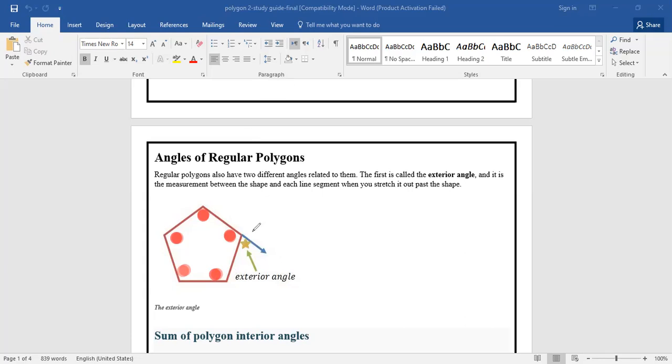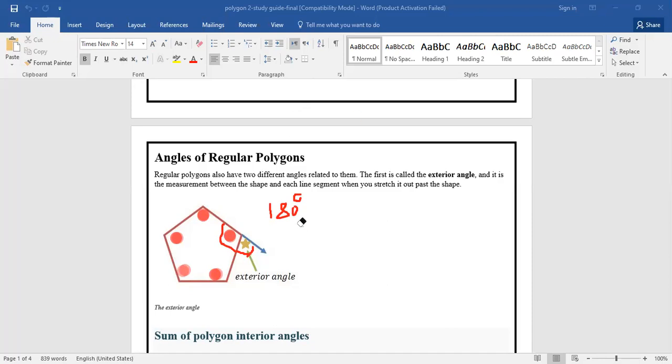They will be how many? 180. Thank you. Right? Then for a regular polygon, the interior and exterior angle together sum to 180 degrees. Okay? This is exterior plus interior.